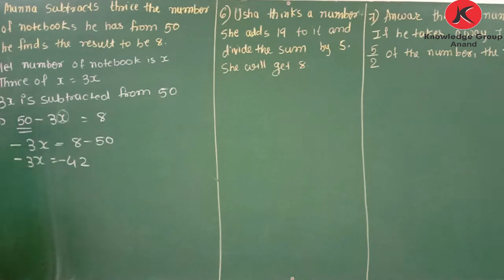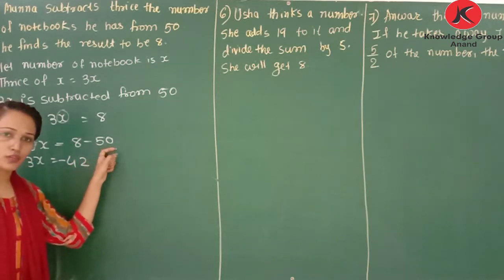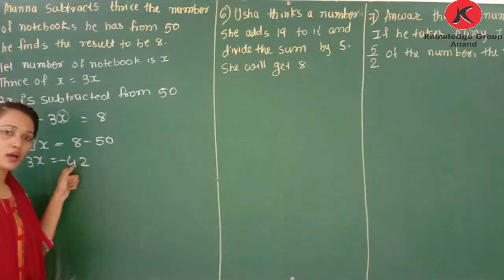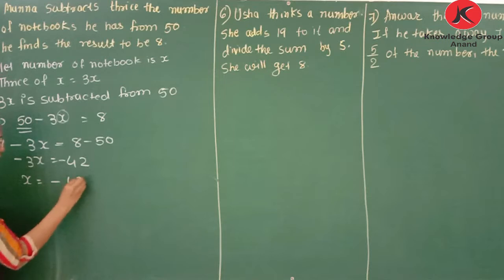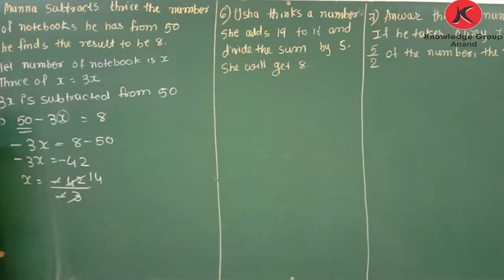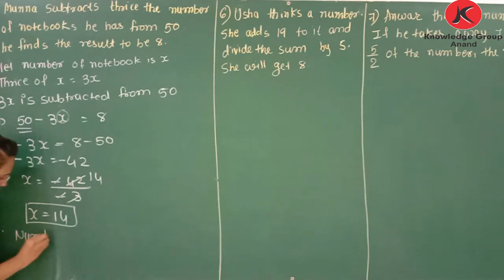We learned integers: the bigger number is 50, so the sign of the answer will be minus 42. Now minus 3 is in a division. Minus 42 divided by minus 3, and minus minus will be cancelled out. So the answer is 14. So what is the number of notebooks? x. So the number of notebooks is 14.